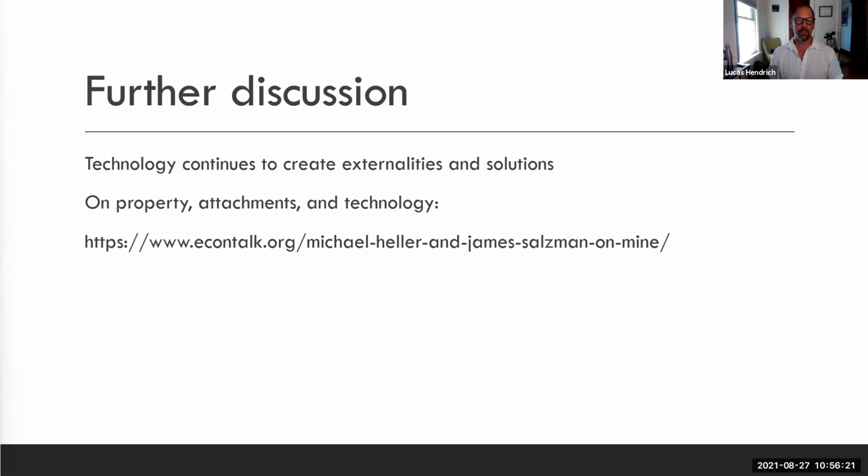In this one, property is really the main subject, and it's with Michael Heller and James Salzman, who just published a book on property and attachments and more on the role that technology plays. Demsetz isn't discussed to any depth in this podcast, but there is a lot of discussion about Coase, and again, I think the role that technology plays as it creates new externalities, both good and bad.